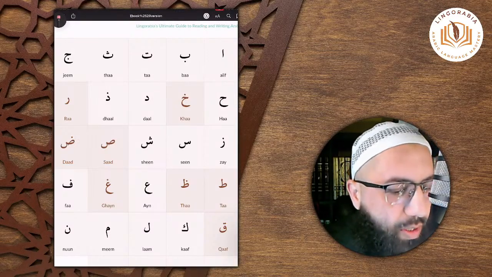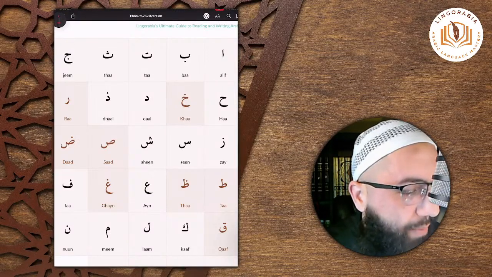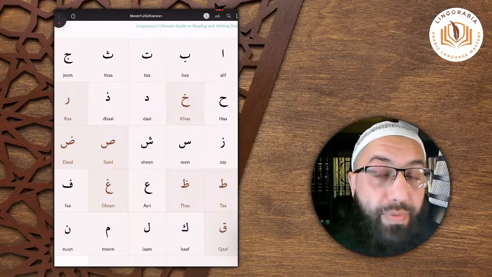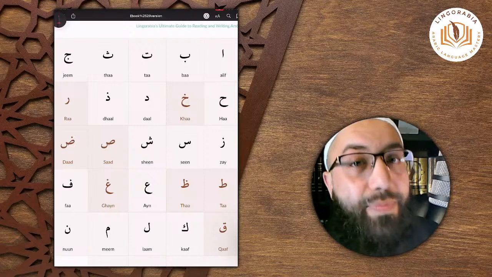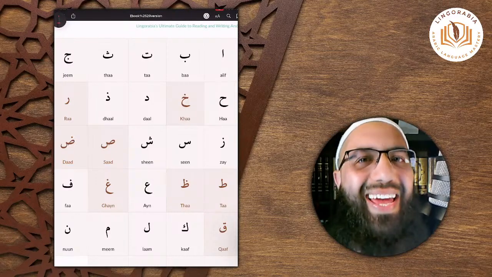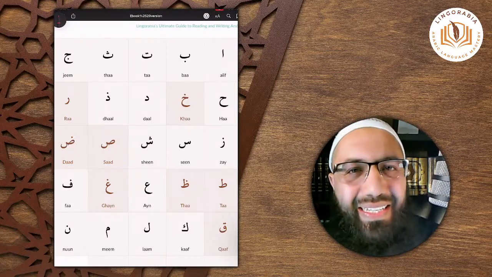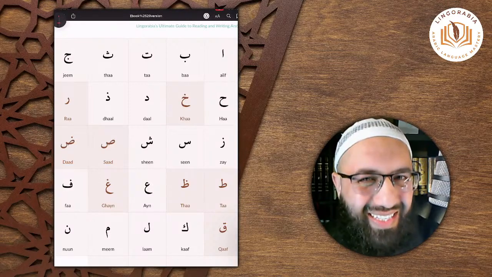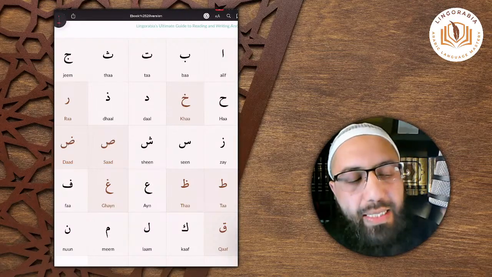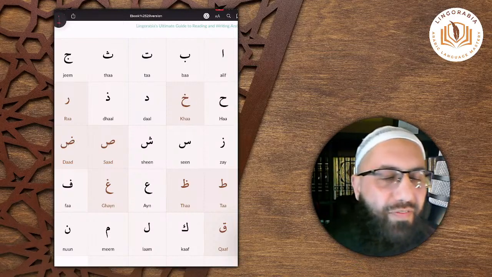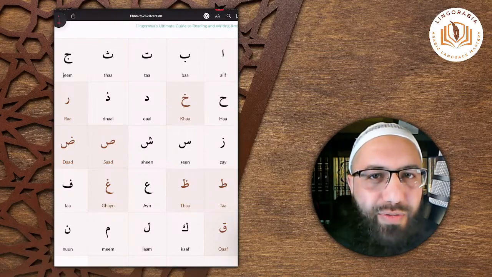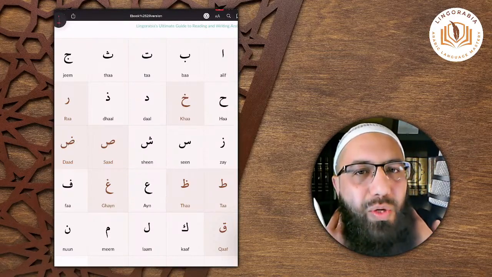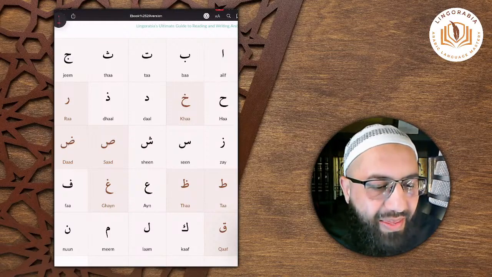So we got here the letter kha, the letter jim, the letter ha, the letter kha. And coming back to the ha, when you pronounce it, you say ha. You don't say ha. This is a wrong pronunciation of the ha. And sometimes because we are busy and we are fighting with ourselves to pronounce it correctly, we change the attribute.